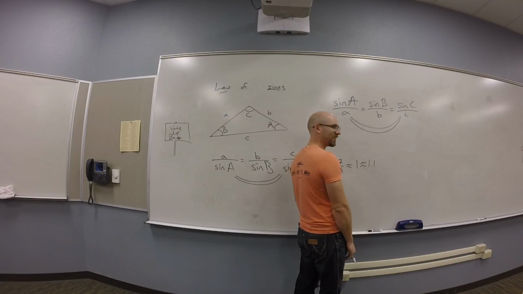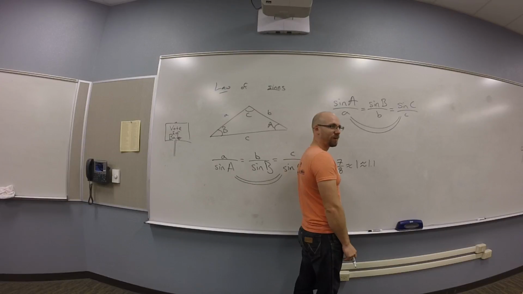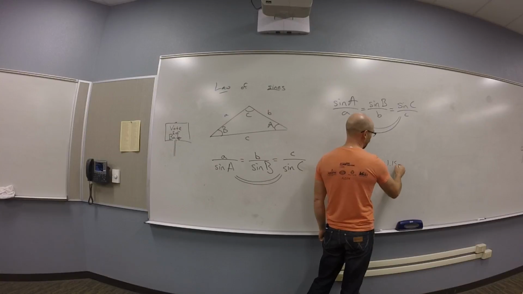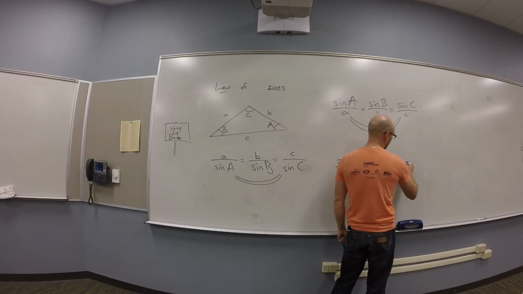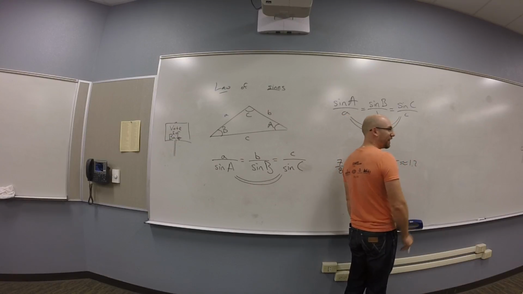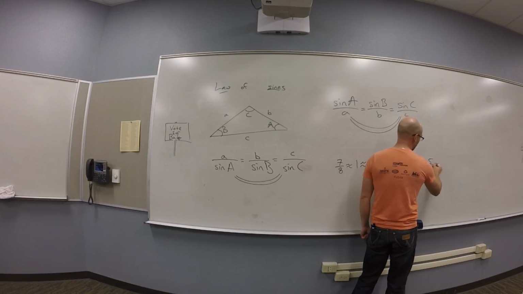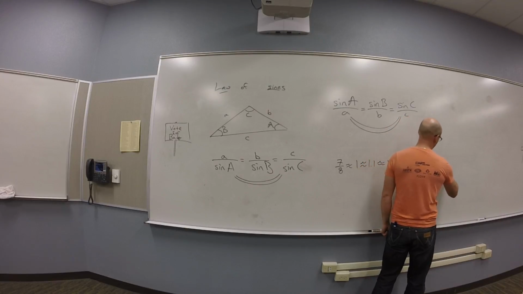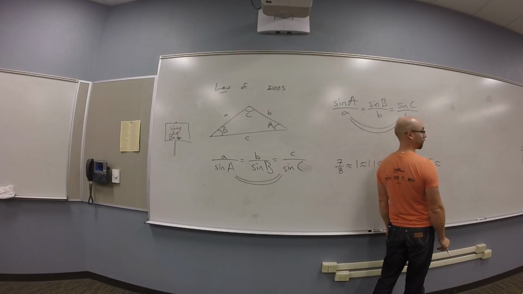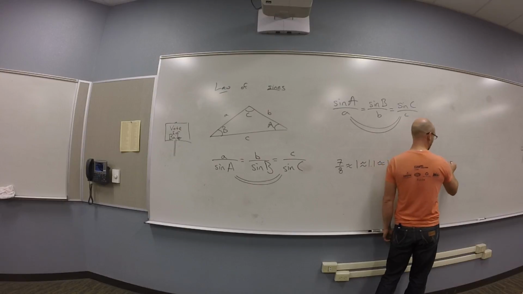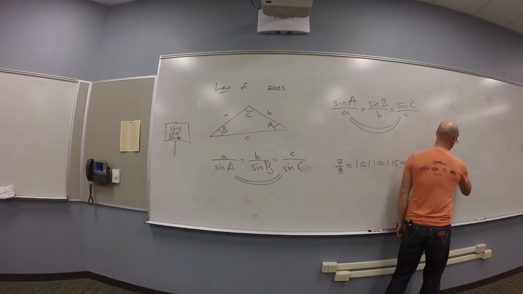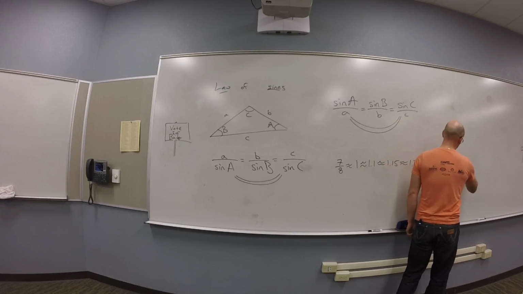I could continue this: 1.1 is almost 1.15, which is basically 1.2, and then you're basically at 5/4, which is pretty much 1 and 3/8, which is basically 12/8.